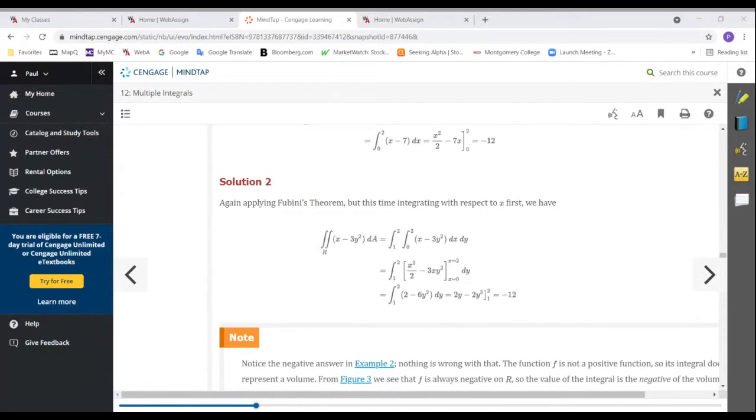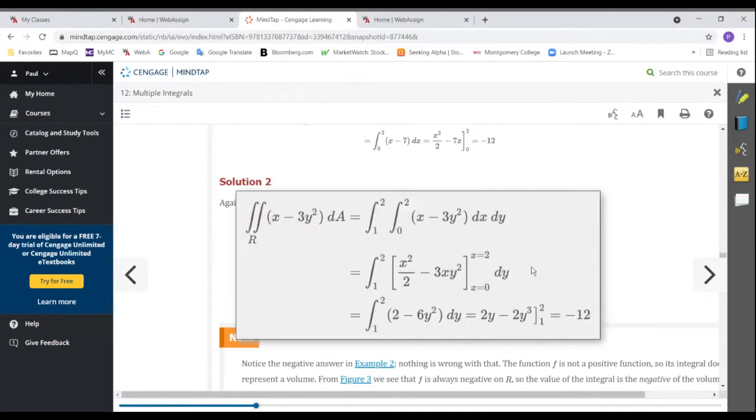So we integrated with respect to y first and then x. But because all of our limits are constants, we can also integrate with respect to x first and then integrate with respect to y second. That's okay to do by Fubini's theorem.